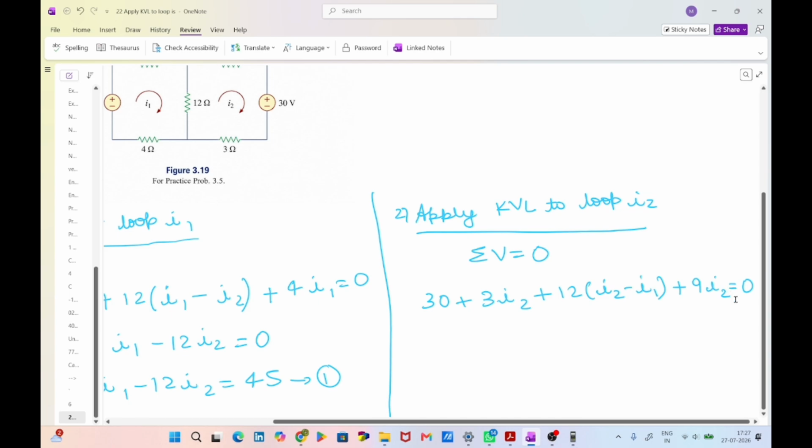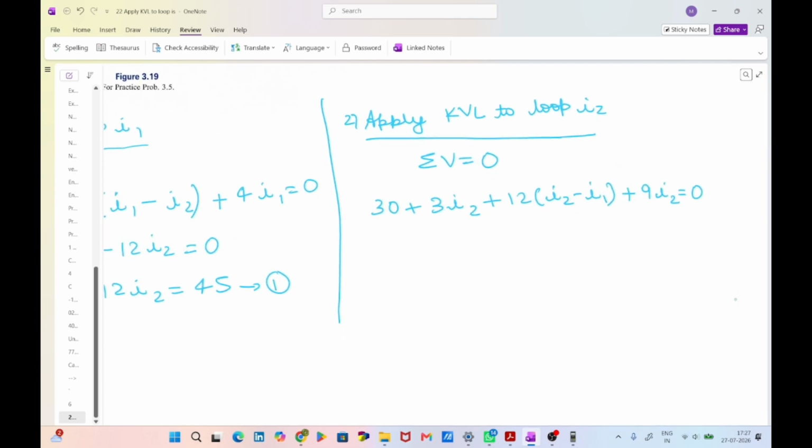Let's simplify this. It is 30 plus 3 plus 12 plus 9. 3 plus 12 is 15, 15 plus 9 is 24, so 24 I2, and then minus 12 I1 is equal to 0.